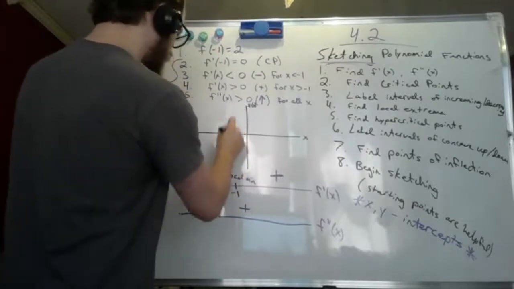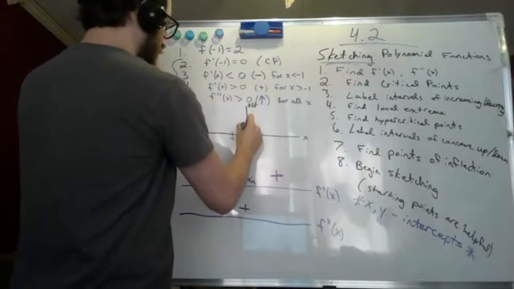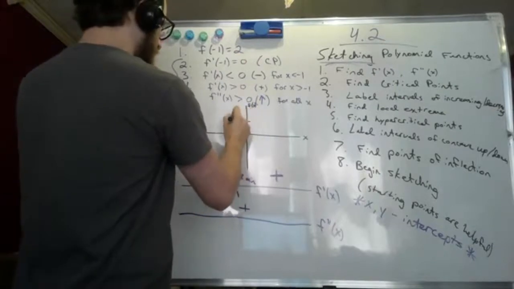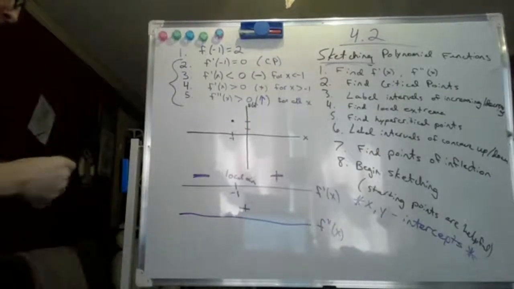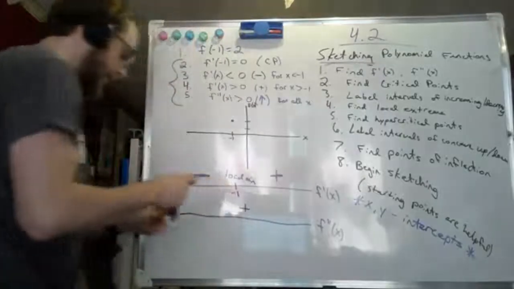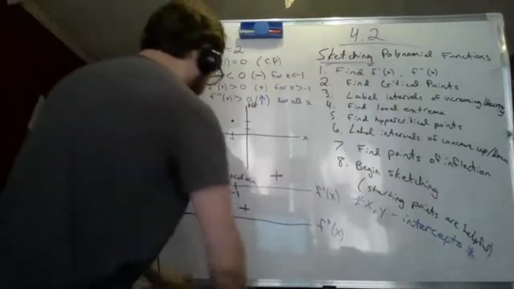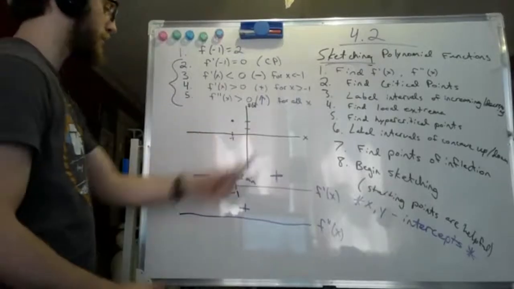So at -1, it's equal to 2. So (-1, 2). We have a point right there. Okay, now what? Well, now, just as we did previously, I'm going to use the information from these lines down here to draw everything to the left and to the right of it.